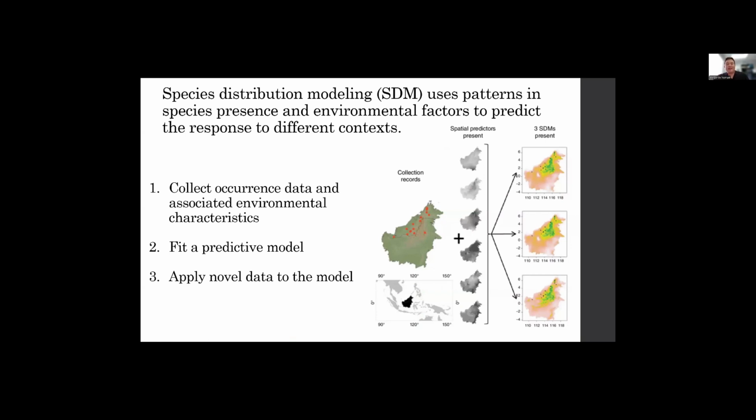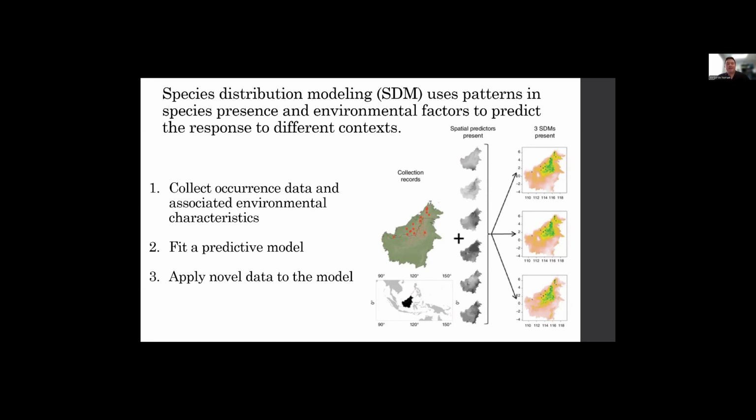So if you take all this occurrence data and all this environmental data, you can begin to venture into the world of species distribution modeling, or niche modeling. That's where you use the patterns of species occurrences and patterns in the environmental data to create a model that can predict whether or not a species will be present in a novel area, or predict the abundance in a novel area.